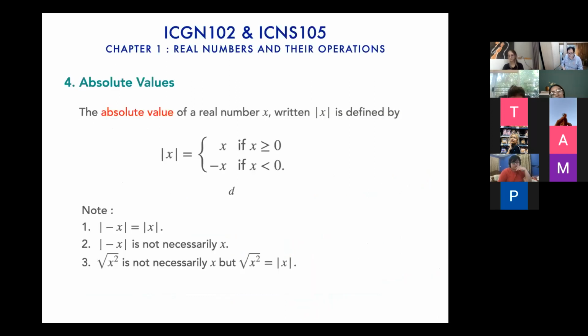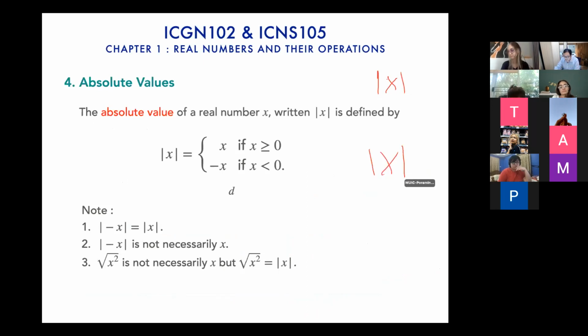we talk about absolute value. The absolute value of the real number x can be written with a small vertical line around the number x like this.